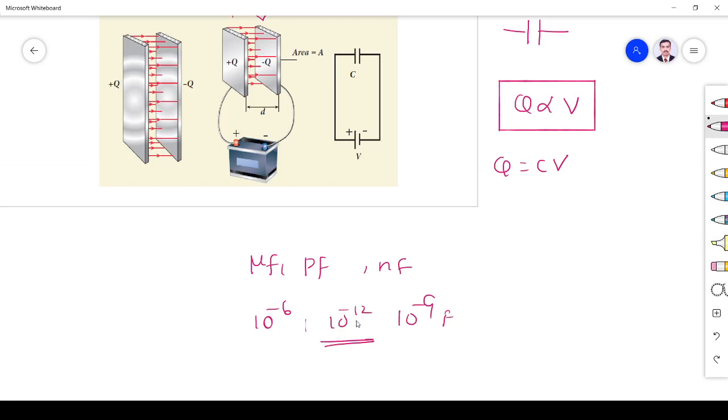Why it is like that, we will see in later videos. We don't use the unit farad directly. A capacitance of 1 farad is a very large value, so we use only microfarad, picofarad and nanofarad.